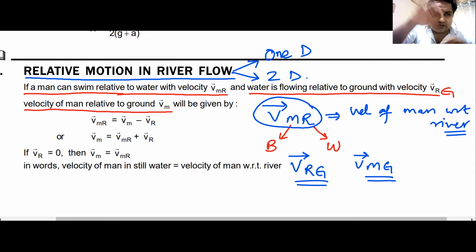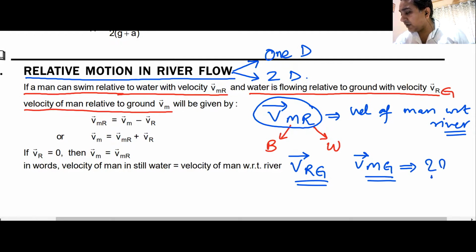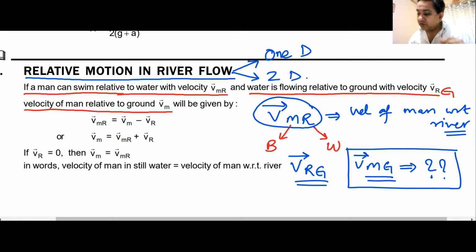He's swimming in water. So in almost all the cases, this velocity will be unknown because it will not be given in the question. Whatever velocity of man is given in the question will be the velocity of man with respect to river.